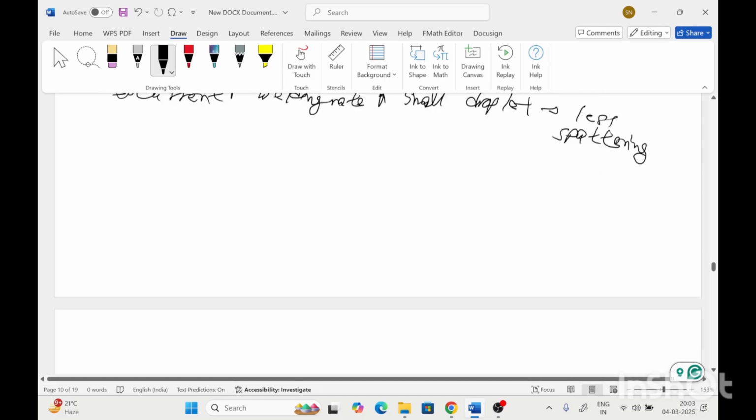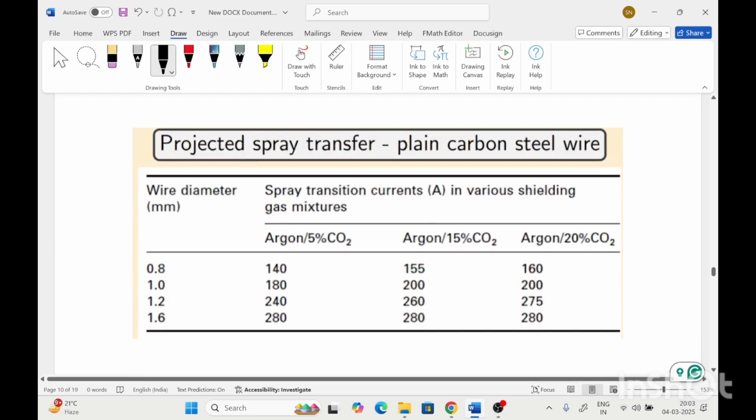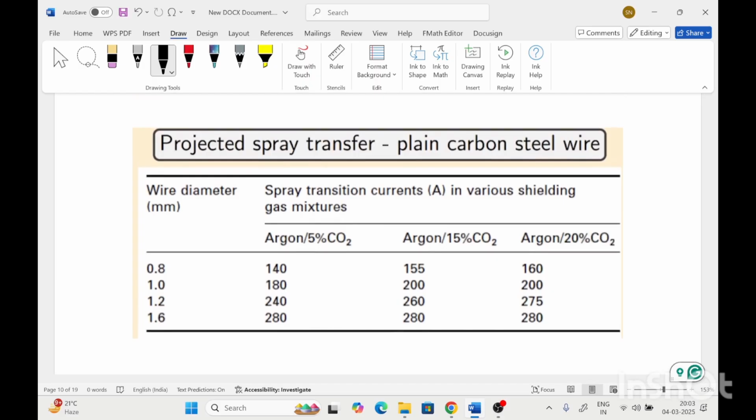Next is the projected spray transfer for a plain carbon steel wire, varying the wire diameter in different shielding gas atmospheres.